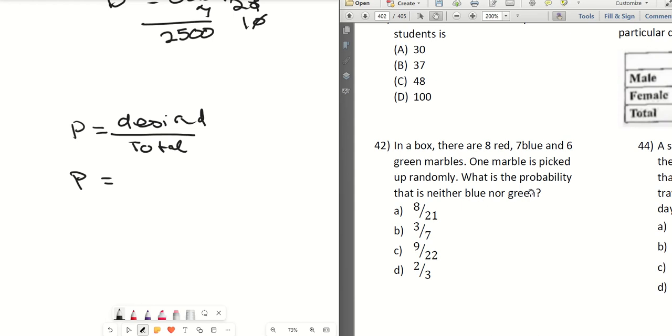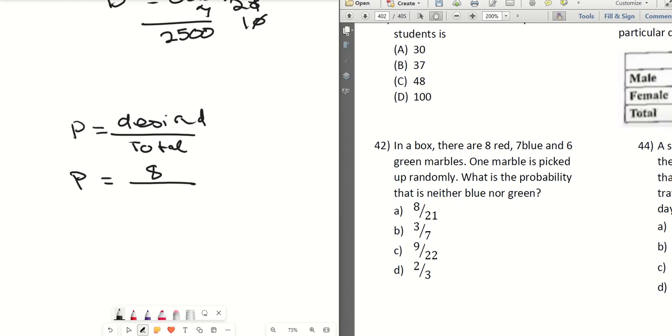Neither blue nor green, so that's red that they're looking at, right? So it'll be 8 over your total, which is 8 plus 7 plus 6. 7 and 6 is 13. 13 and 8 is 21.